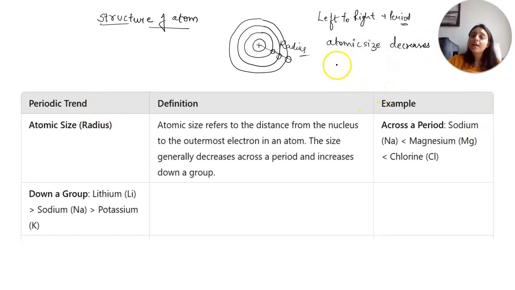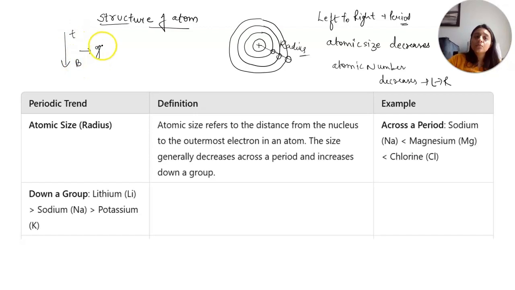Because, as you know, the atomic number increases from left to right. As the atomic number increases, the atomic radius decreases. But from top to bottom, that is in a group, as we go from top to bottom, the atomic number is increasing.